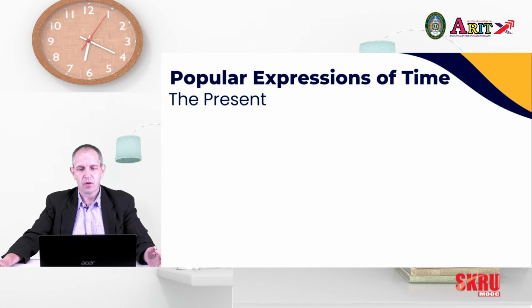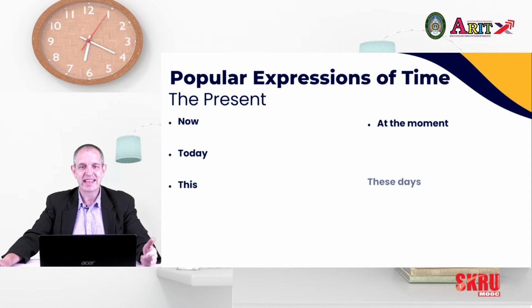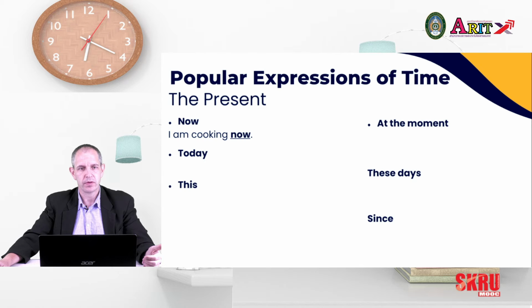In the present, we use now, today, this, at the moment, and these days to talk about the present, and since. So, I am cooking now.